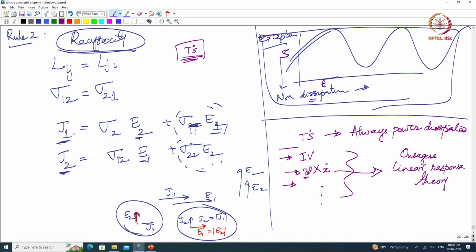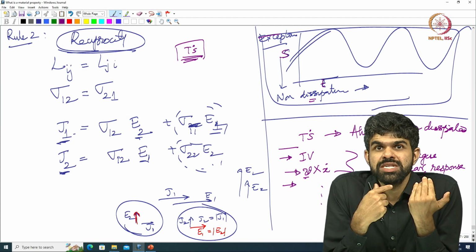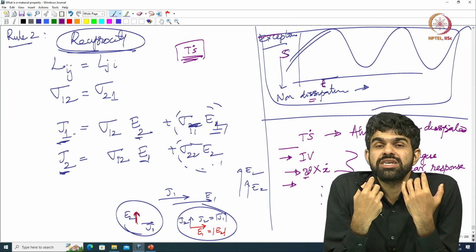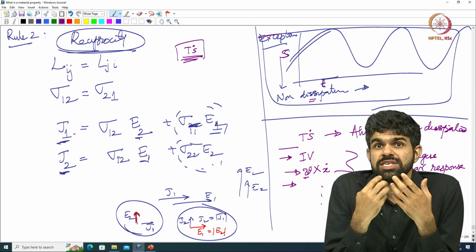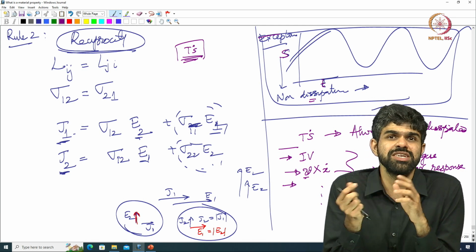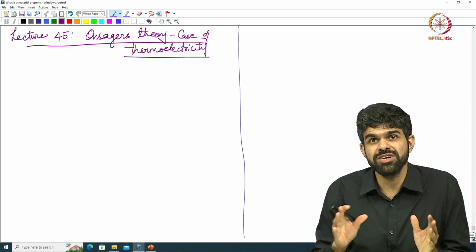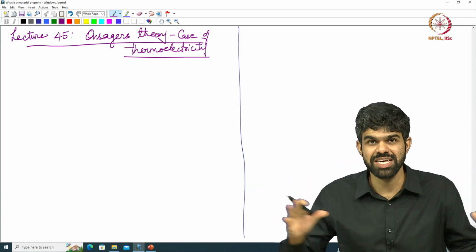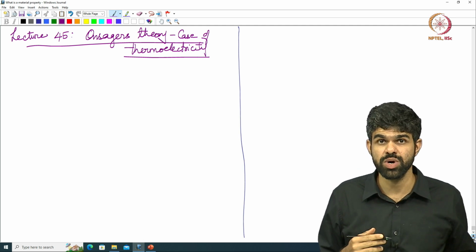Also the coupled properties, such as thermoelectric properties and electromigration, can be explained, which is otherwise difficult to get in one generalized framework. That is the beauty of this theory.